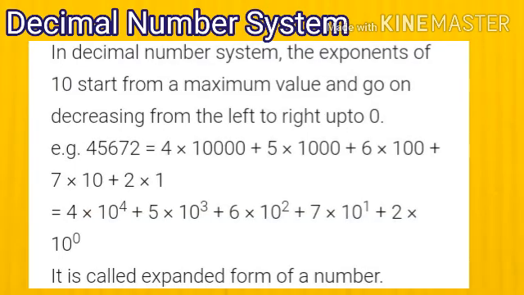Now, the decimal number system. In the decimal number system, the exponents of 10 start from a maximum value and go on decreasing from left to right up to 0. 45,672 is equal to 4 into 10,000 plus 5 into 1000 plus 6 into 100 plus 7 into 10 plus 2 into 1, which is equal to 4 into 10 raised to the power 4 plus 5 into 10 raised to the power 3 plus 6 into 10 square plus 7 into 10 to the power 1 plus 2 into 10 to the power 0.